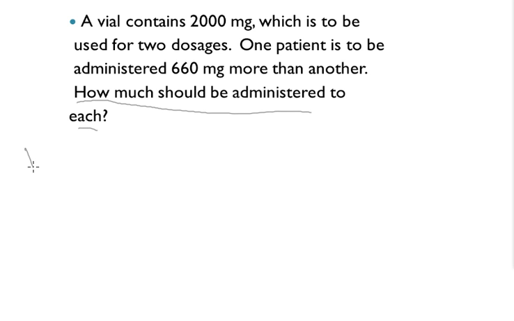So I'm going to use the variable x, and I'm going to let it equal the number of milligrams for patient 1. Now, the other patient, the other unknown, is the number of milligrams for patient 2.